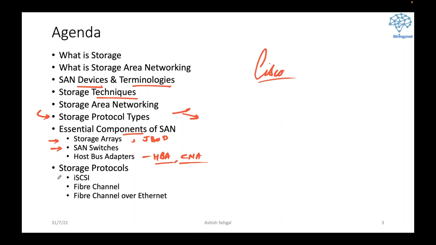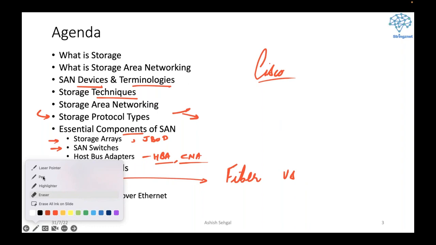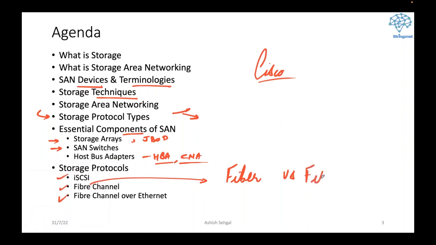And then we will be talking about three different protocols: iSCSI, fiber channel, and fiber channel over Ethernet. Kindly be noted over here, the most important thing which I will point you out is this, FIBER versus FIBRE.